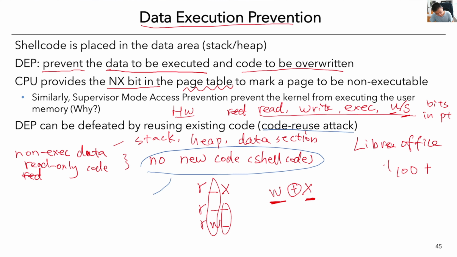Right, so since you cannot introduce new attack code into the program, we can reuse existing code for malicious purpose. Okay, so this is actually a large set of attack methods. We're going to talk about this in the next lecture.